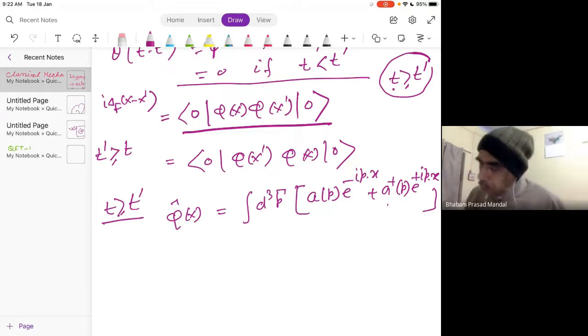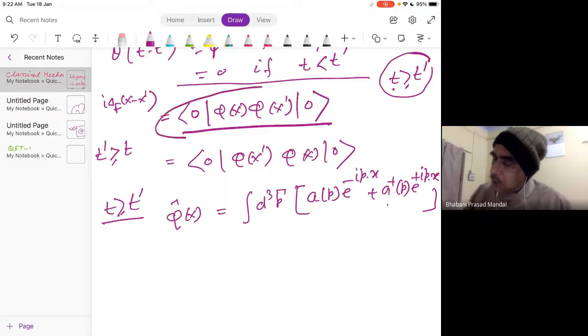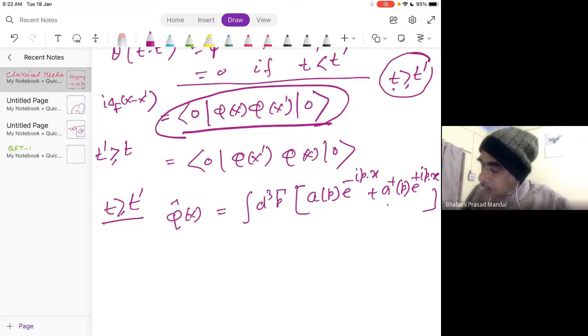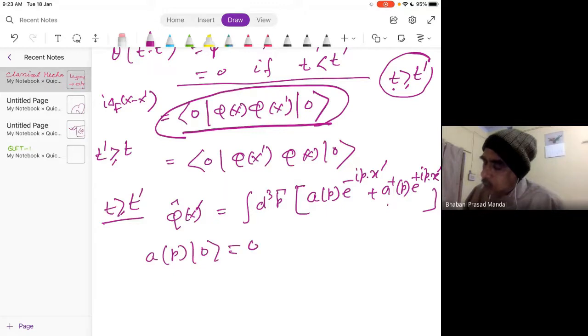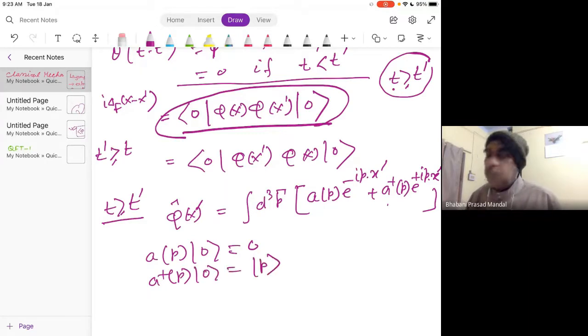Now we are considering the situation t greater than t'. That means we are focusing on phi(x'), which has x' in it. Now you can see phi acting on the vacuum. You know a_p acting on the vacuum is 0 because a_p is the annihilation operator, and a_p dagger acting on the vacuum will create one particle with momentum p.